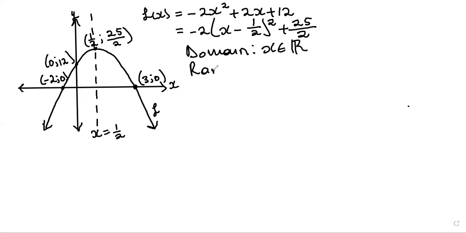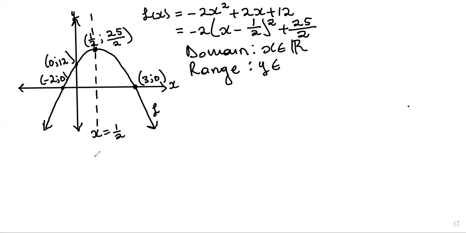We said for the range, we look at the y values. But to be specific, we look at the y coordinate of the turning point. So in this case, the y coordinate of the turning point is going to be 25 over 2. That's fine. So we check, where does this function start in terms of the values of y, and where does it end?